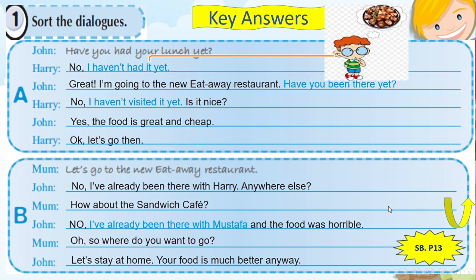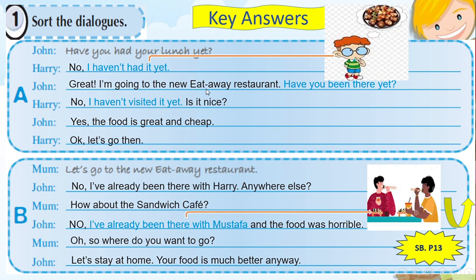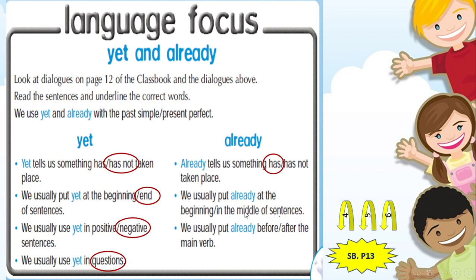Let us look at another example. How about the sandwich cafe? No, I've already been there with Mustafa. Look here, I've already been there. So, already again comes in the middle of the sentence. So, what can we say, students? We usually put already at what, students? Yeah, in the middle of sentences.